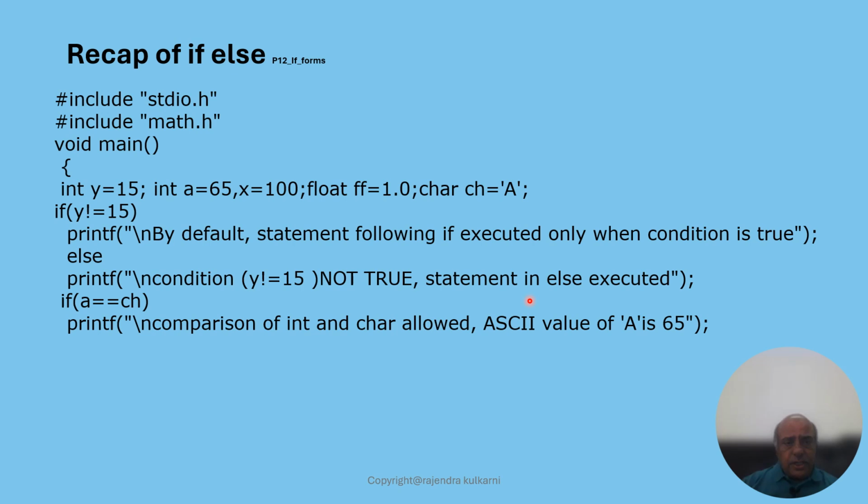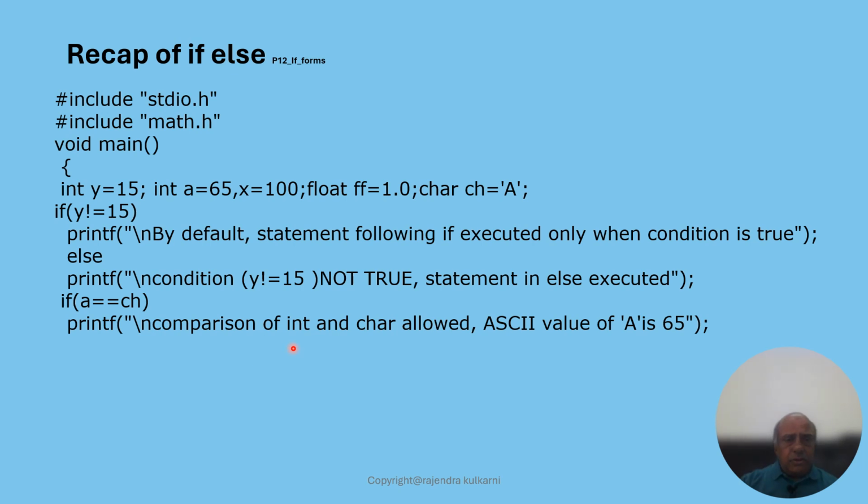In this if, a is equal to ch, what we are doing is comparing an int with a char. A is an int variable assigned with value 65, ch is a char variable assigned with capital A. We are comparing a is equal to ch.